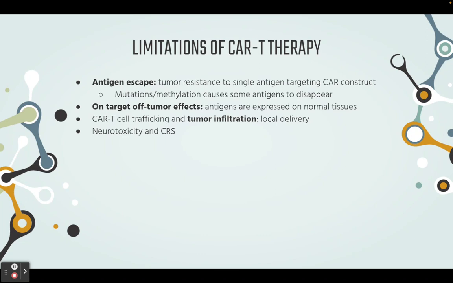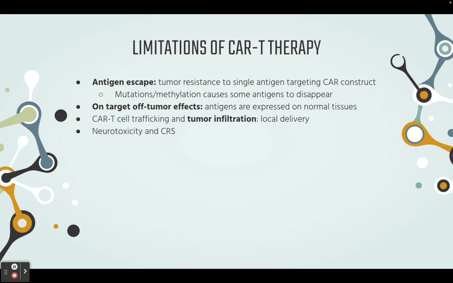There's also on-target off-tumor effects. That's when your target antigen might be expressed on your normal tissues, which means while it's on target for the antigen, it's targeting cells that are not on the tumor, which can cause autoimmune disorders. There's also CAR T cell trafficking and tumor infiltration, which is just how effectively you are getting your T cells back to the tumor in a rapid manner.